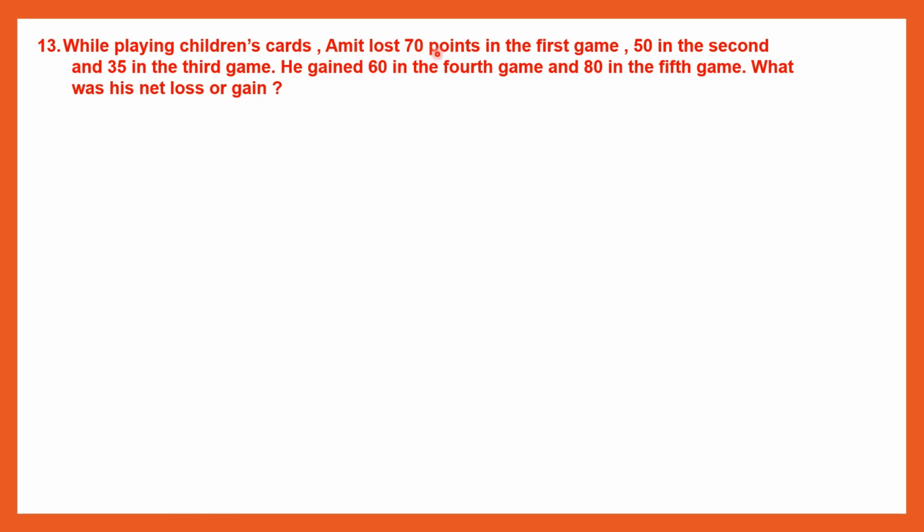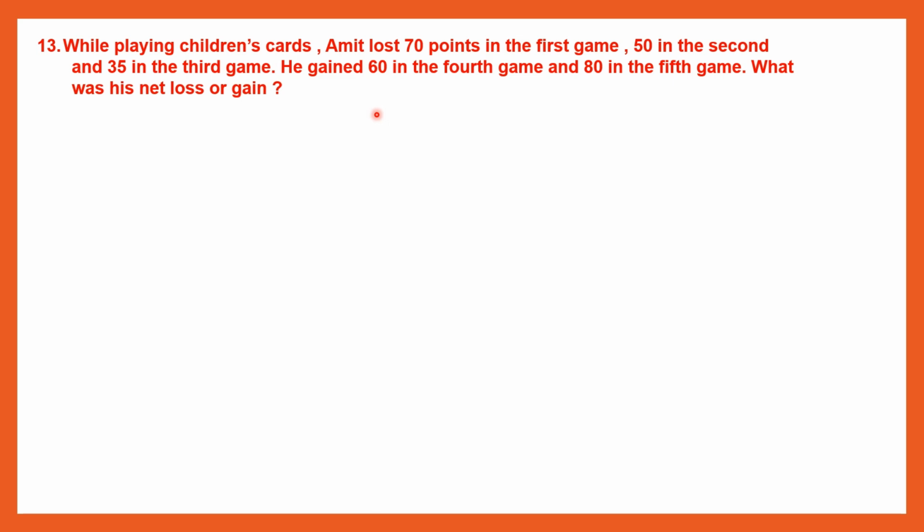Now some games he lost, some he won. Did he actually win or lose finally? At the end of it, did he gain something or did he lose something is the question. So what should we do? First we should see how many points he lost. And then we have to see how many points he gained totally. And then see which is greater. Based on that, we can say if there was a loss or a gain.